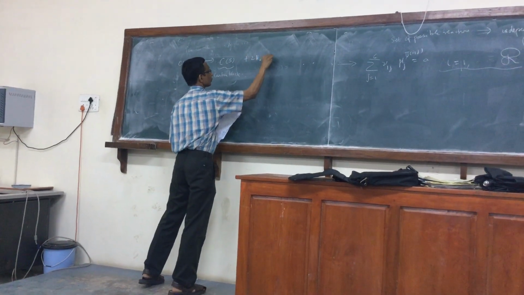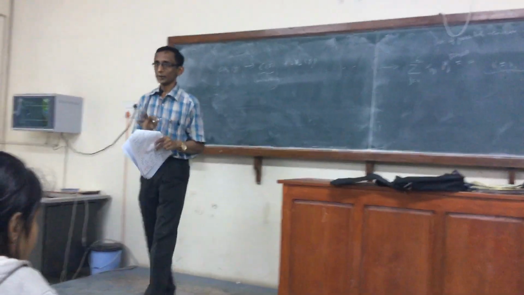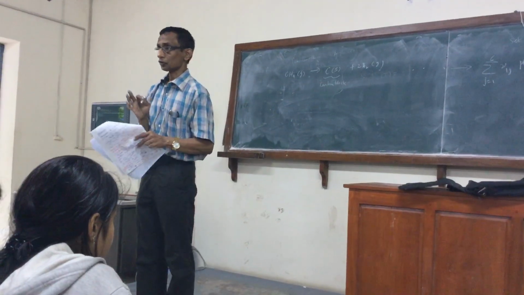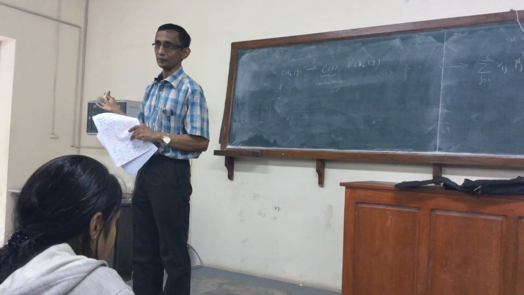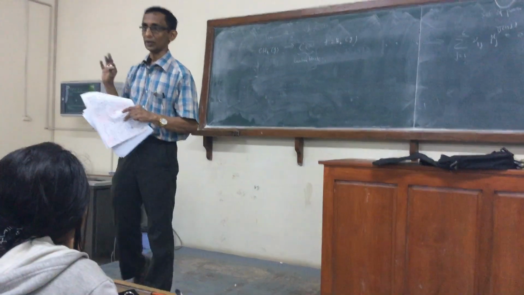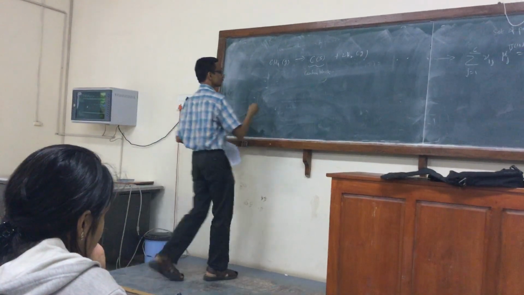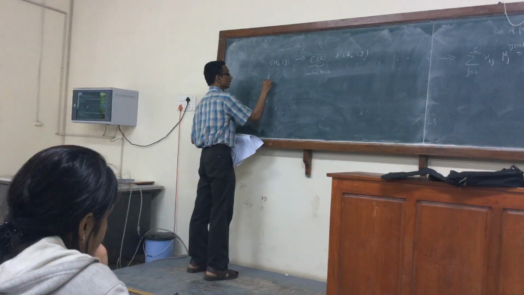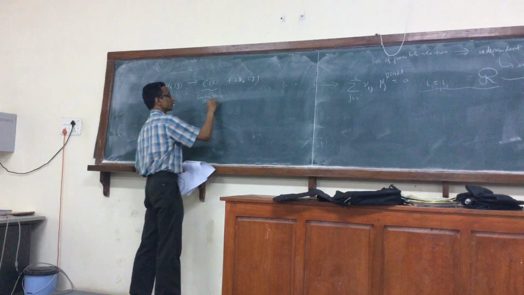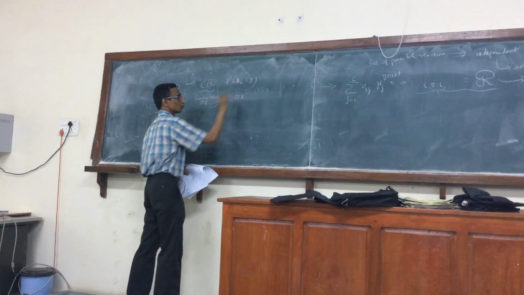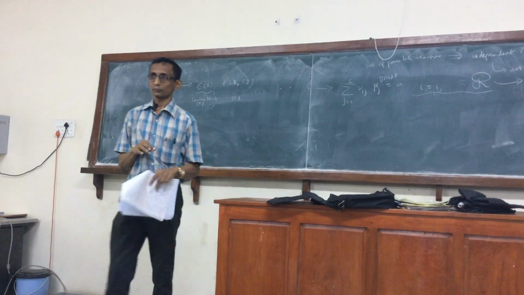So this is taking 2 phases, 1 reaction. Now, choice of standard state: we will see how to choose different standard states for different components, which is convenient here. The standard state that is chosen here is standard state 1 for this, standard state 2 for this, and standard state 1 for this.